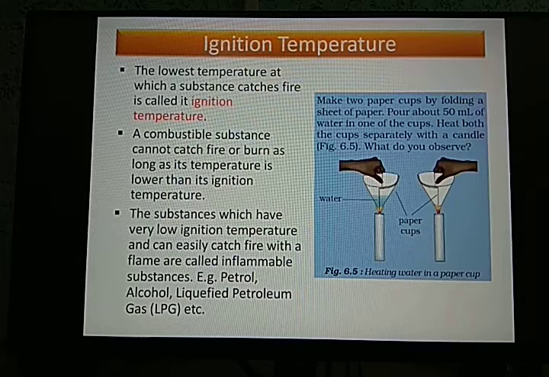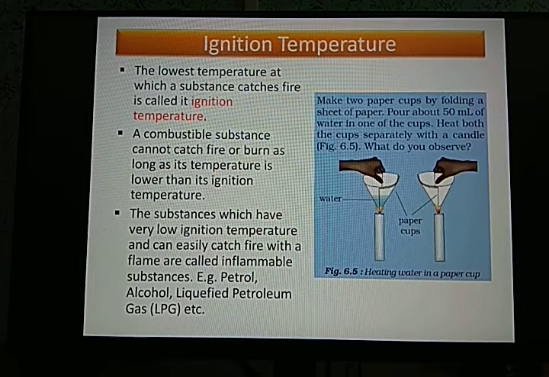Some inflammable substances are petrol, alcohol, LPG, etc. These are some common examples of inflammable substances. That's why it is said that we have to store them in a dark and cold place. You might have heard this, or you might have seen this written.